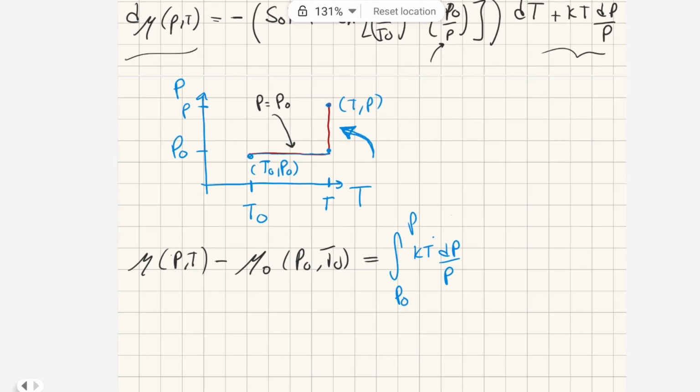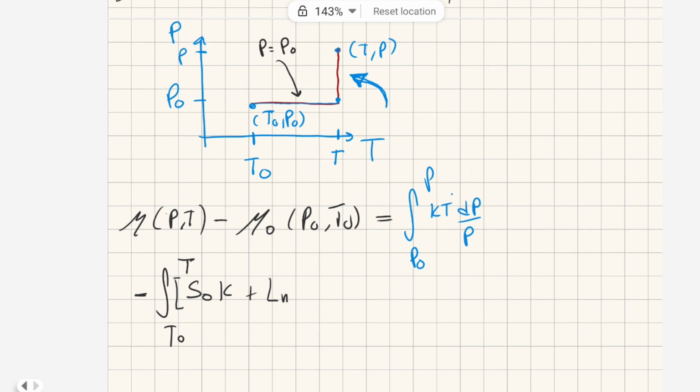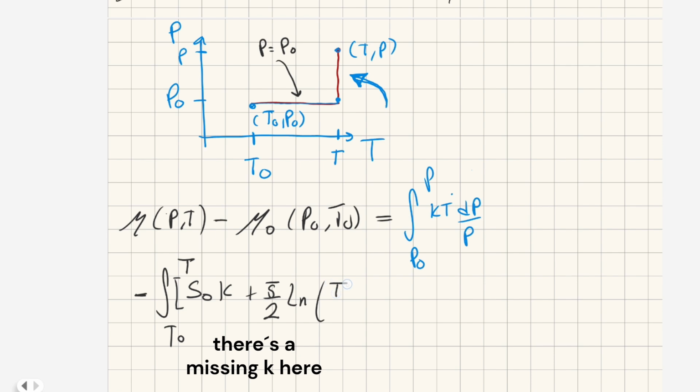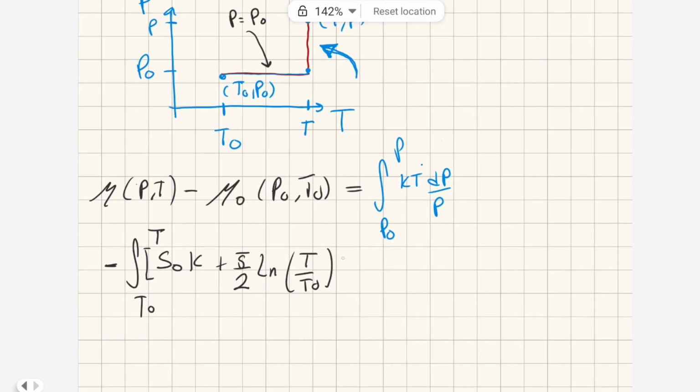So we will get minus the integral from t0 to t of s0k plus the natural log of, and we are going to take these 5/2 down here to multiply the natural log. So it will be 5 divided by 2, the natural log of t divided by t0. Like this, and this is integrated on dt.